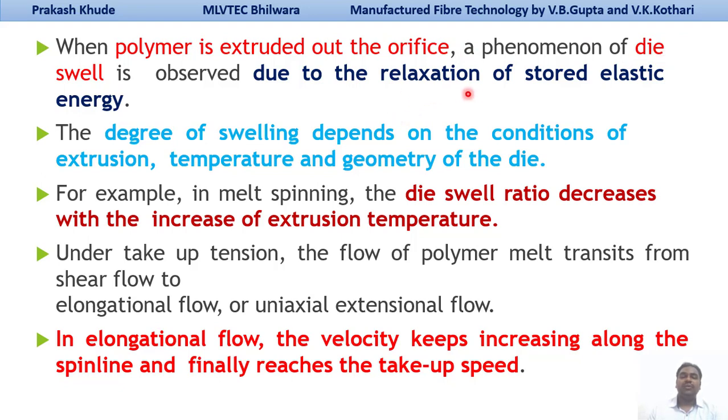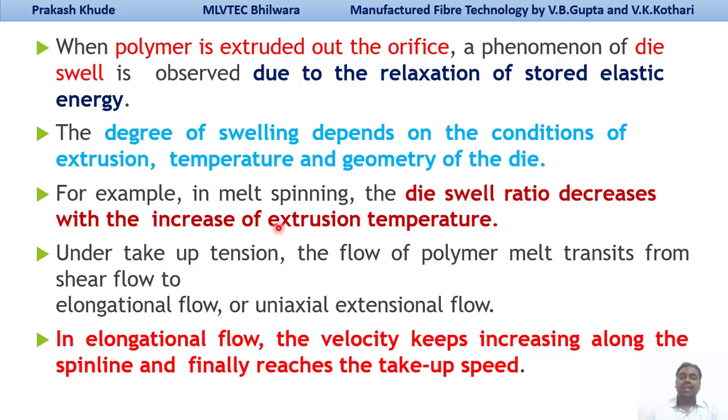That can be observed due to the relaxation of your stored elastic energy, and the fluid will try to come back to its original state, because inside the capillary the polymeric fluid is under certain stress conditions. So after it comes out, it will try to relax. This degree of swelling will depend upon the conditions of extrusion, temperature and geometry of the die.